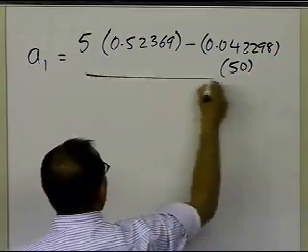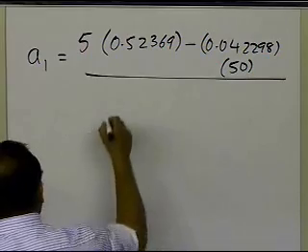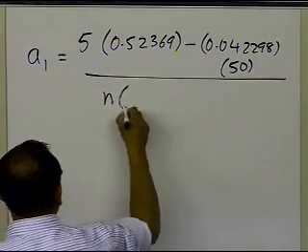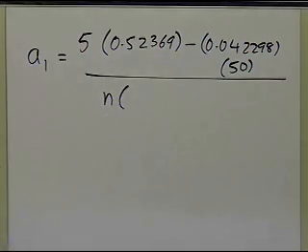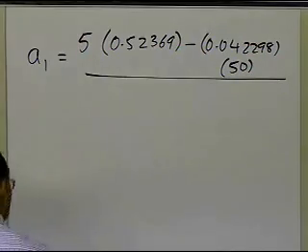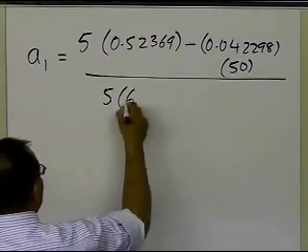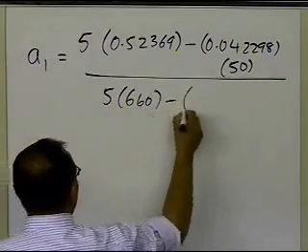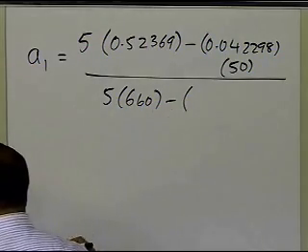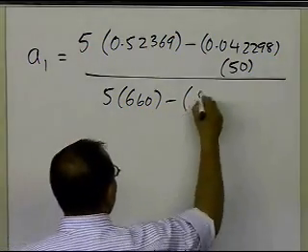And this whole thing is divided by n times the summation of ti squared, which is 5 times 660, minus the summation of t sub i squared, which is 50 squared.